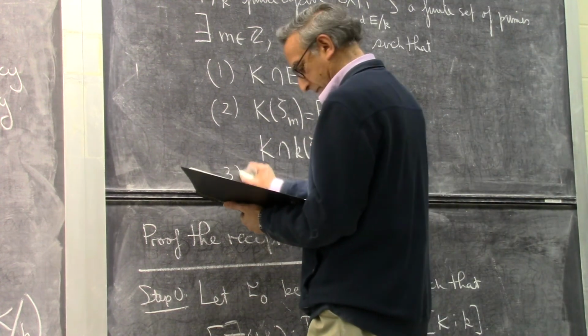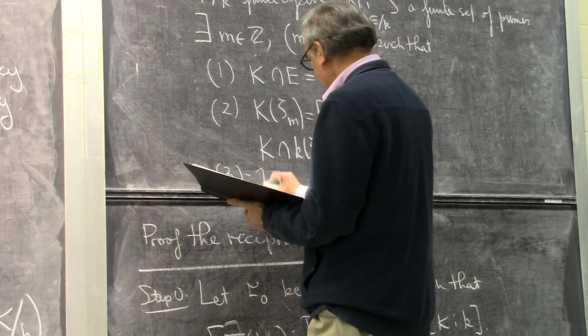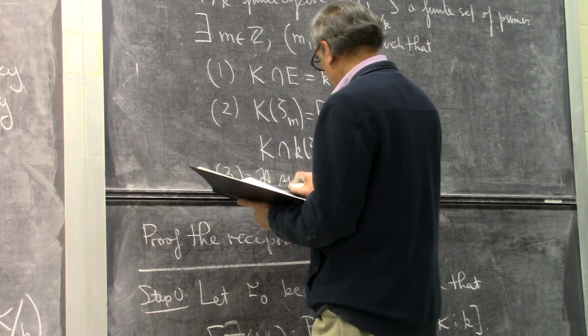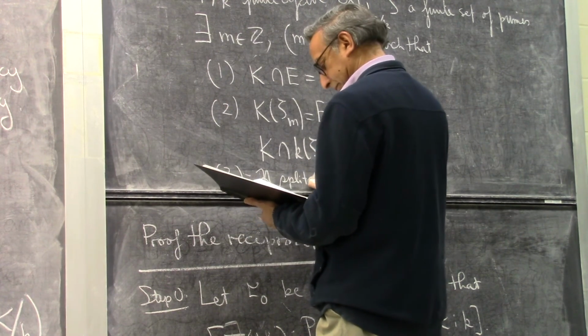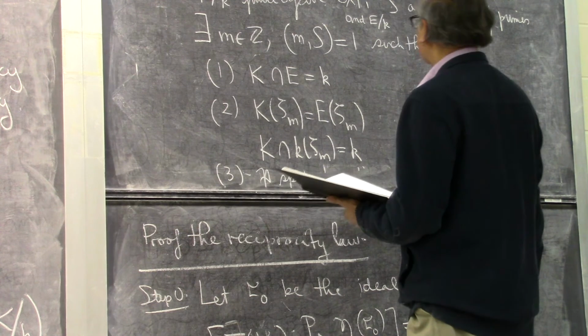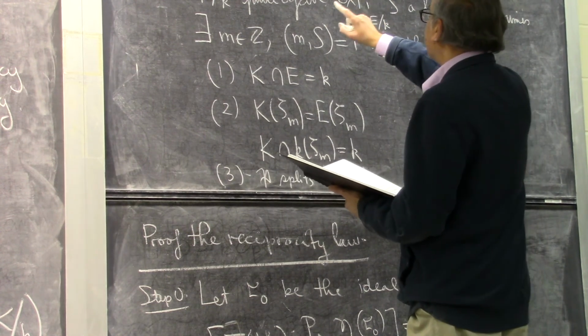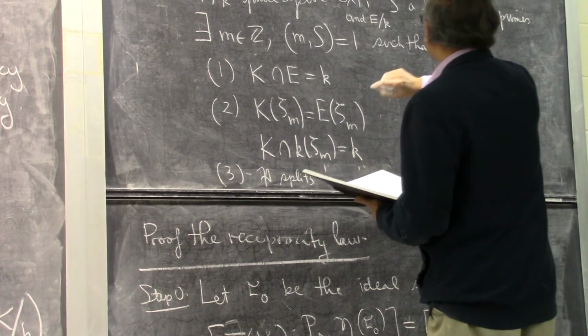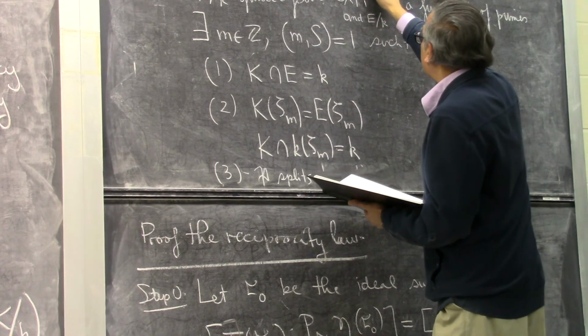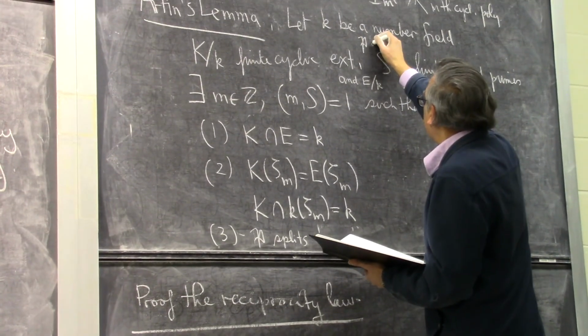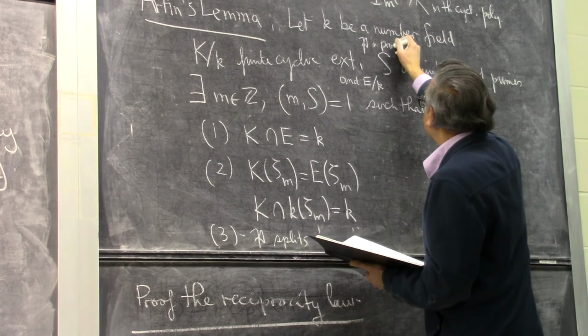Three, P splits completely. Oh, sorry, I should have said something here. Let K be a number field, capital K over little k a finite cyclic extension, P a prime of K. So you give me that.